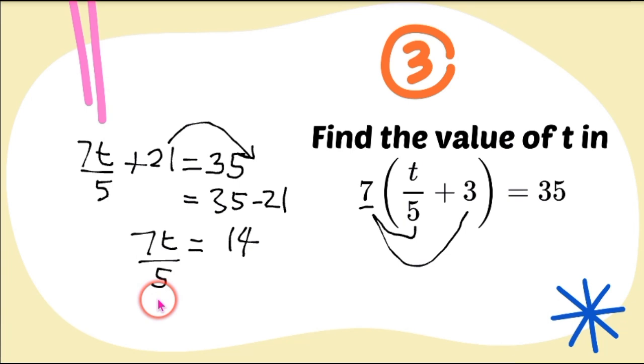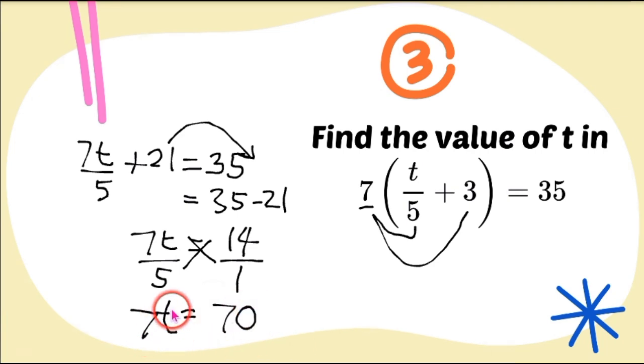So since I have a fraction at this left hand side, it will be very important for me to also change this to a fraction. So 14 over 1 is still 14, like we have there. So follow me. What we do here is a cross multiplication. When we cross multiply that, that will give me 7t times 1, and at the other side I'm going to be having 5 times 14, which is 70.